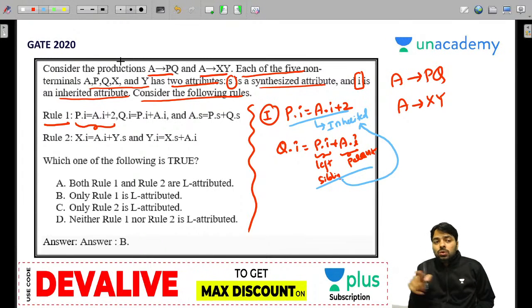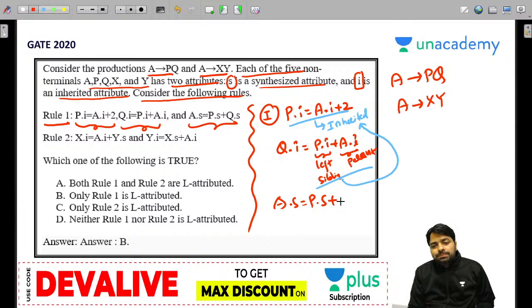Remember that. Slowly we are going to focus on types of grammar. And next one, A dot S is equal to P dot S plus Q dot S. And that A is computed by depending on its children, P and Q. So this is synthesized.